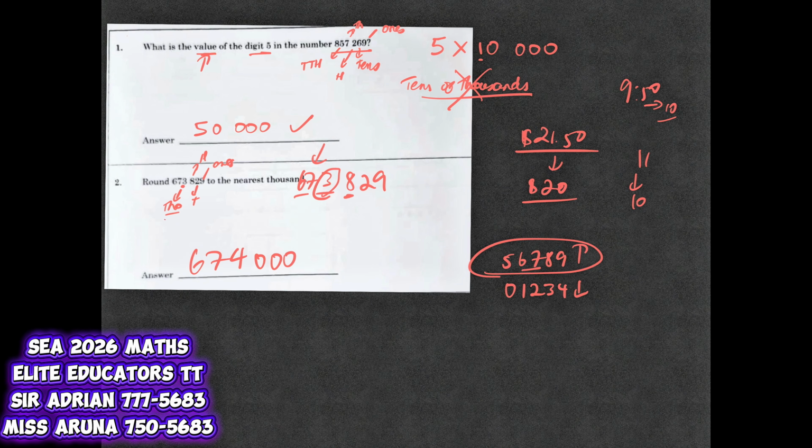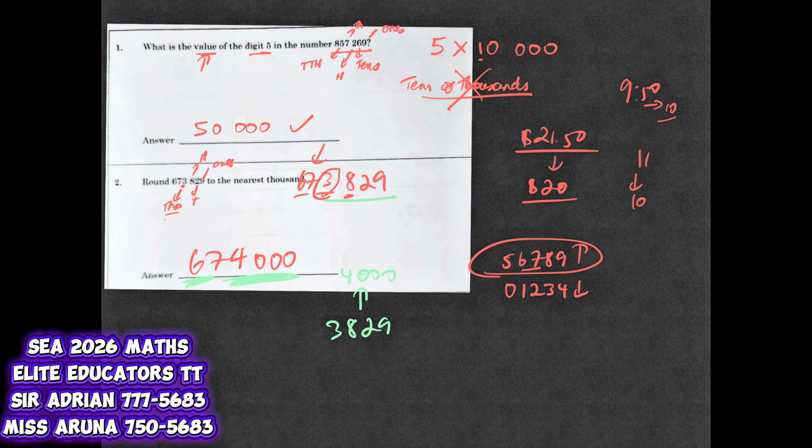Now, let me just show you guys it in a little bit of a different form. Let me change the color to mobile green. So in this number, okay, let's just use 3,829. So it'll be simpler for students who might have trouble with this. What we want to do is find out if this number is closer to 4,000, what we did here, right? We still keep the 6, 7.